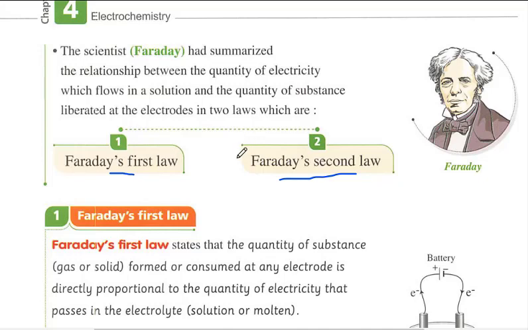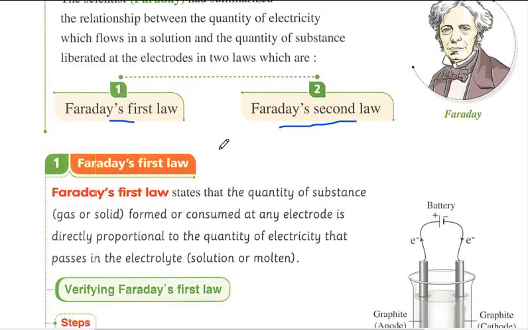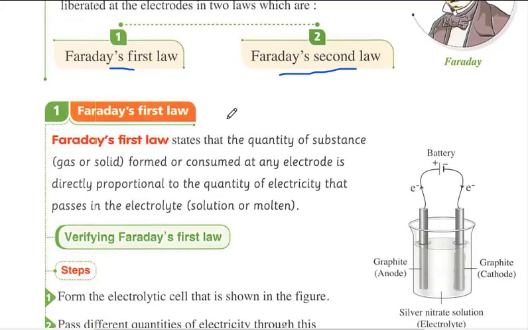If the quantity of electricity is the same, what is the relation between the different substances liberated on the cathode? Faraday's first law states that the quantity of electricity is directly proportional to the liberated substance.